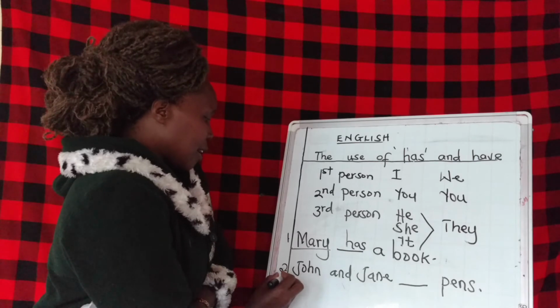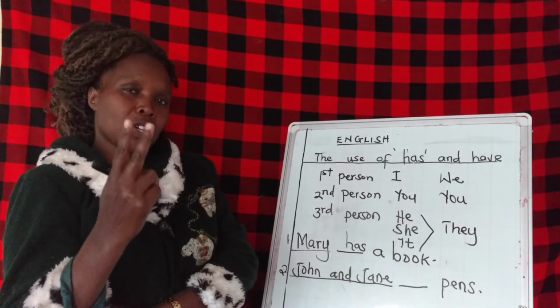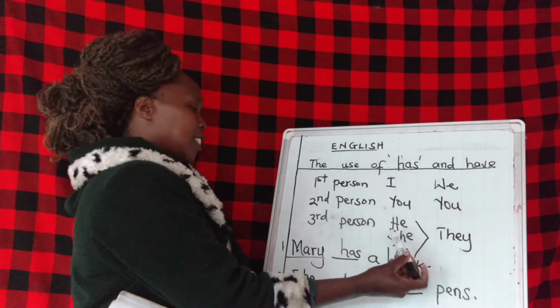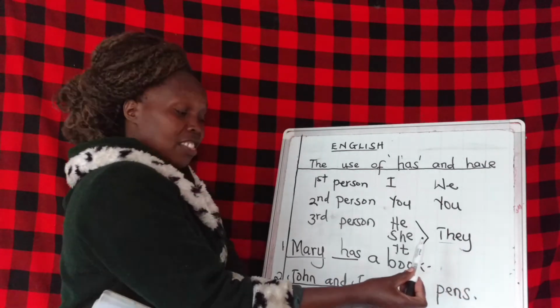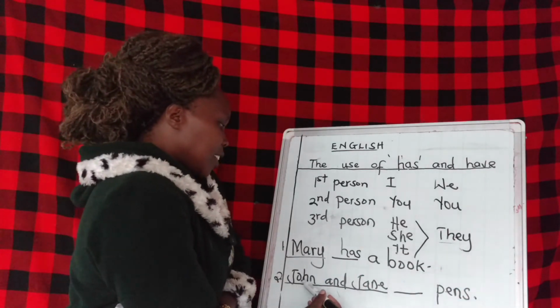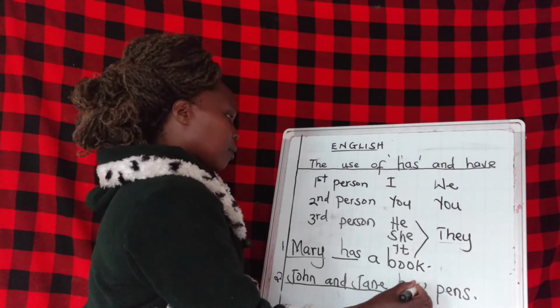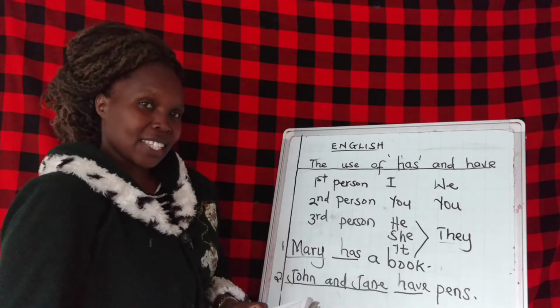When we take these two, Jane and John, we are talking about more than one person. That it takes the third person plural, which is the word they. John and Jane have pens.